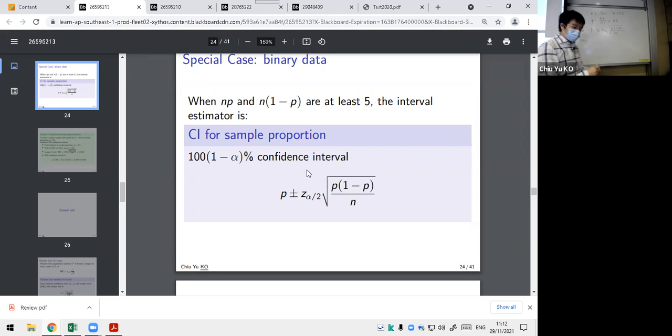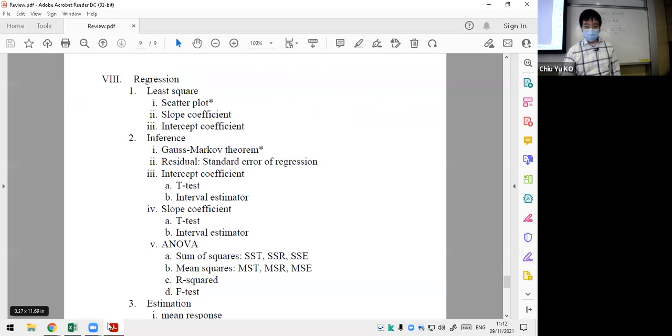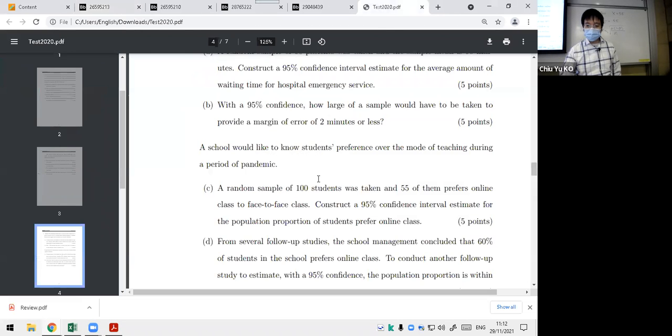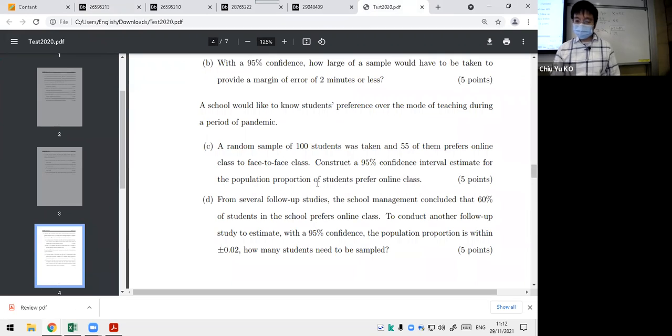Part D would not be that difficult again, right? Now they figure out that pi is 0.6, okay? And the margin of error is 0.02, right? And we want 95% confidence. That's simple, right?